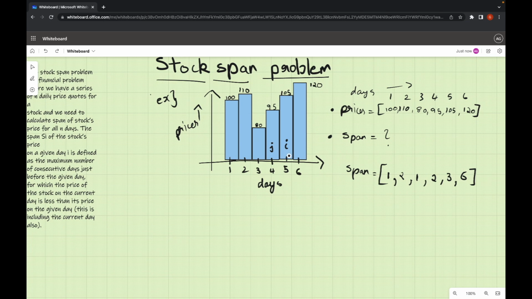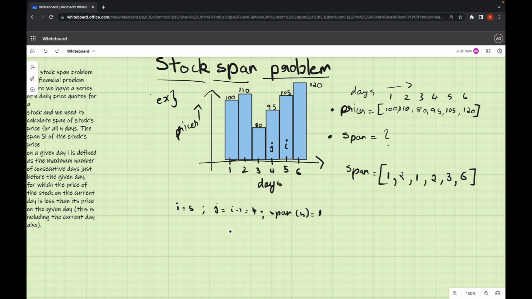This index is your jumping index. So you have your i as 5, j as i minus 1, which is 4, and you initialize the span of 5 as 1, because the span of 5 cannot be less than 1.